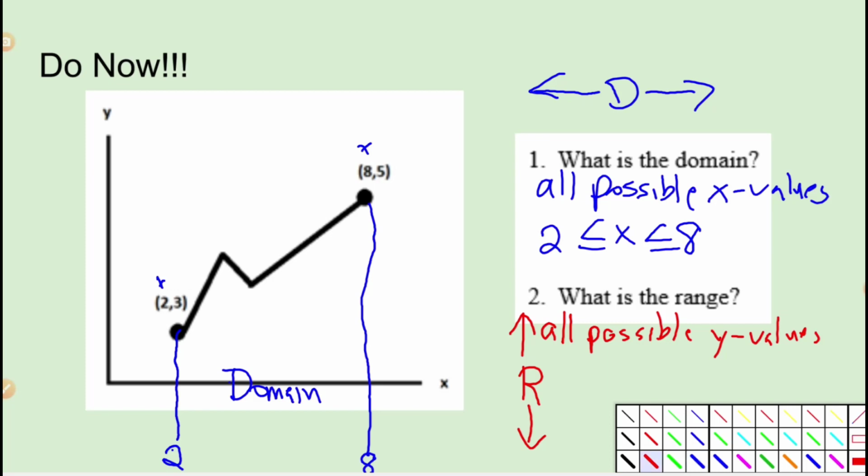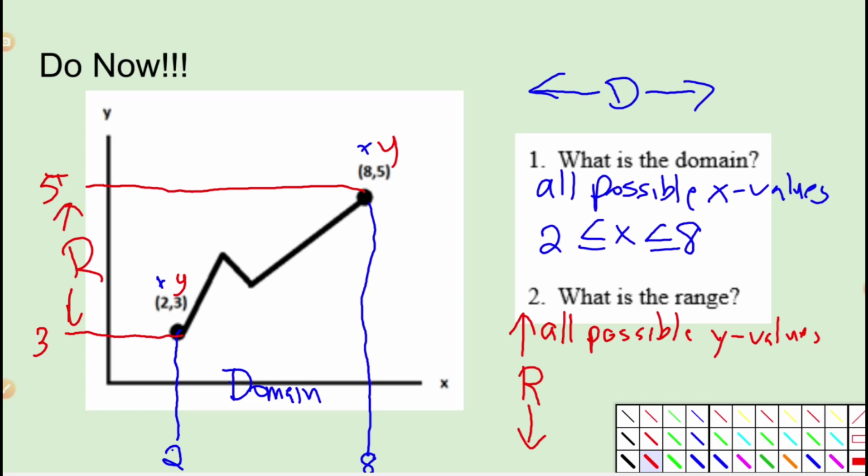All right, range. Remember, range is your y values. So think of vertically. We're going to go from here, and this is going to map over to here. So what values are those? Well, this is the y-axis, so we should be looking at the y coordinates. So this will go from 3 to 5. My range is going to be from here to here.